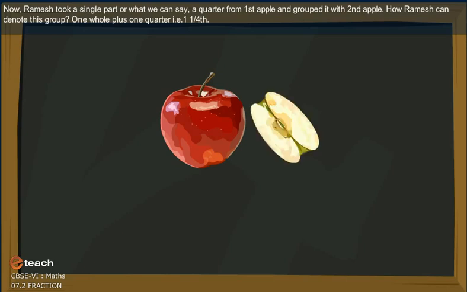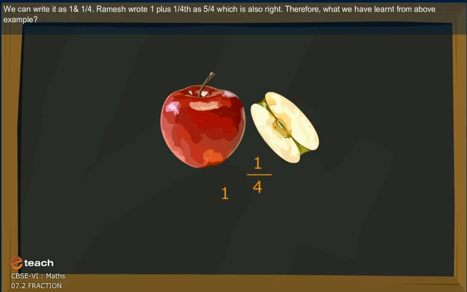1 whole plus 1 quarter, that is 1/4. We can write it as 1 and 1 by 4. Ramesh wrote 1 plus 1/4 as 5 by 4, which is also right. Therefore, what have we learned from the above example?